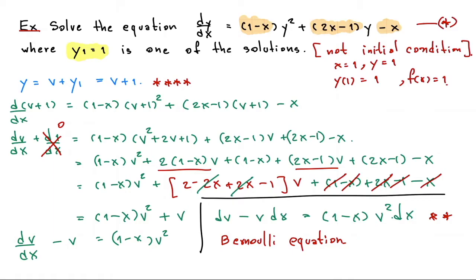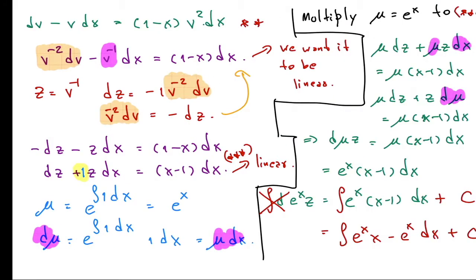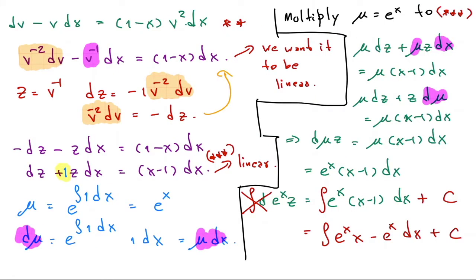Okay? After that, when you want to solve the Bernoulli equation, first you divide this equation by v squared. So you get this equation. And then you substitute z by v to the power of minus 1. So dz is minus 1 times v to the power of minus 2 dv.